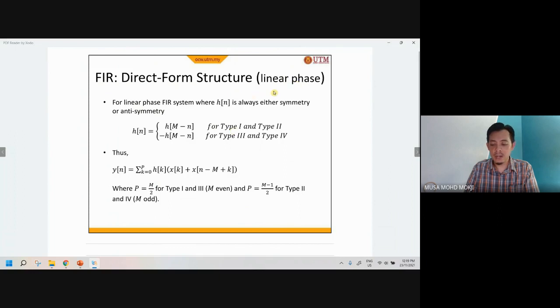This is very important because whenever we design a system for FIR, as much as possible, we want to make sure that it is linear phase. That's the reason why. We're going to look into detail later, not today, not this week. So, two types of structure for FIR.